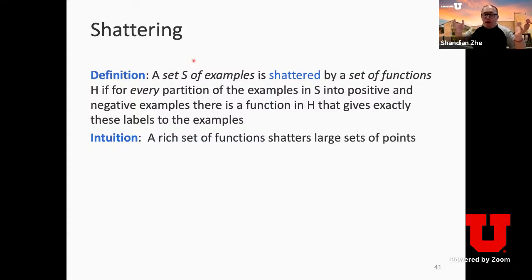Only when, for every possible labeling or partition of the examples in S, we can always find a corresponding function in H which gives you exactly the labels of that partition, can you claim that H can shatter S. Any questions regarding the definition?